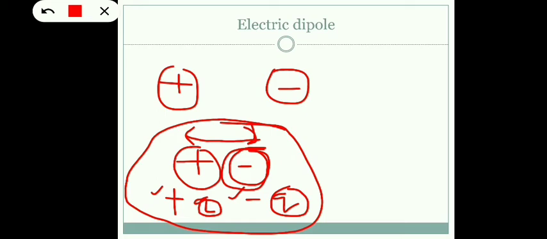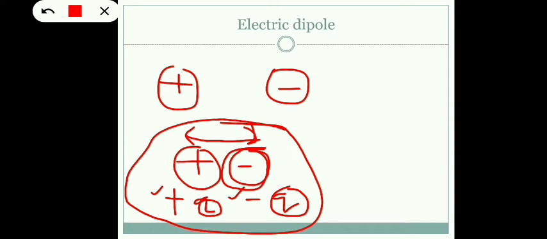So two equal and opposite charges separated by a fixed distance between them is known as an electric dipole. You can note down this definition.